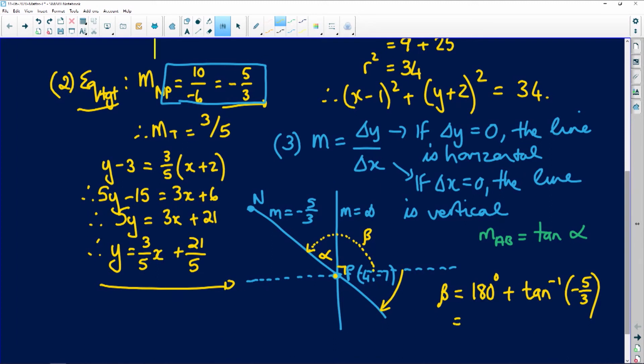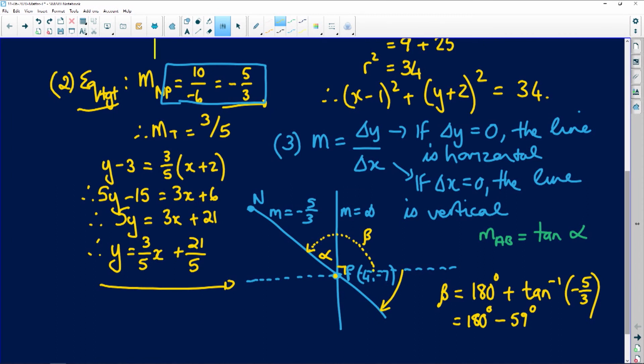Once you calculate this, that angle has a negative value. If we round it off, it is minus 59 degrees. If you take your calculator, you calculate that, you get minus 59 degrees.